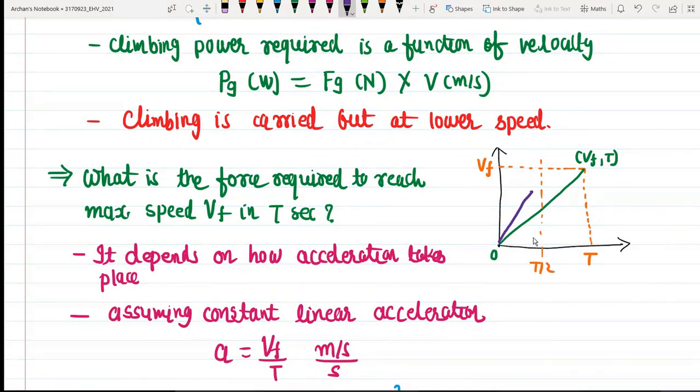So first half time I will accelerate with more value and then I will decrease my acceleration, say almost half value. So this is acceleration a1, and this is acceleration a1 by 2. In the first half time I will be accelerating my vehicle with the value of a1, and during the next half cycle I am accelerating with half of the value of a1. Let us see what happens.